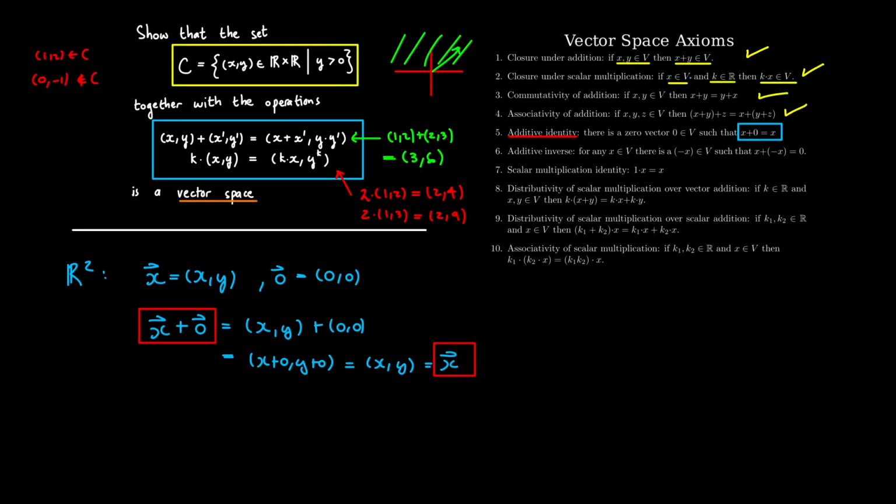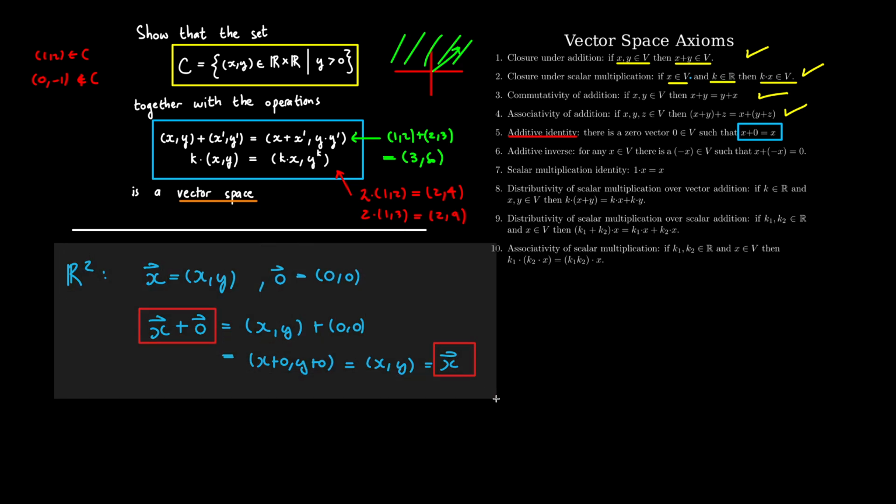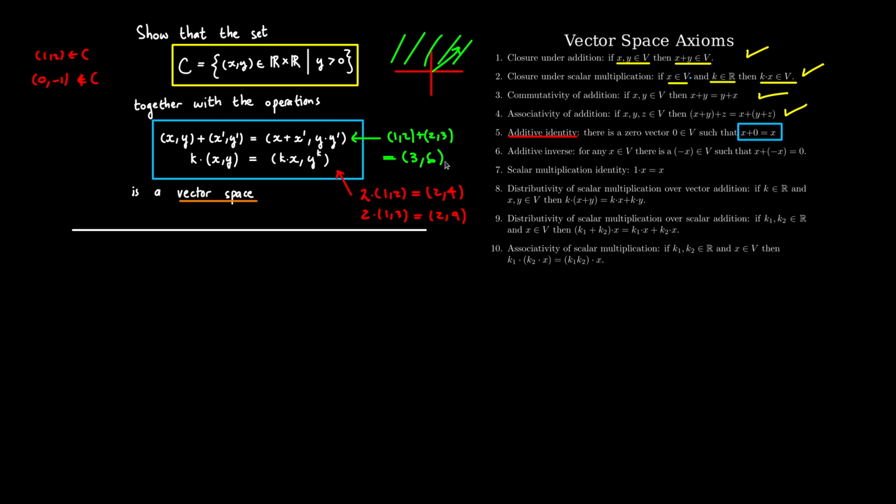So in this obscure vector space which we're looking at here, we want to know what is the 0 vector. What particular vector in C behaves like this? Let's try and understand that the problem is not a trivial problem, right?